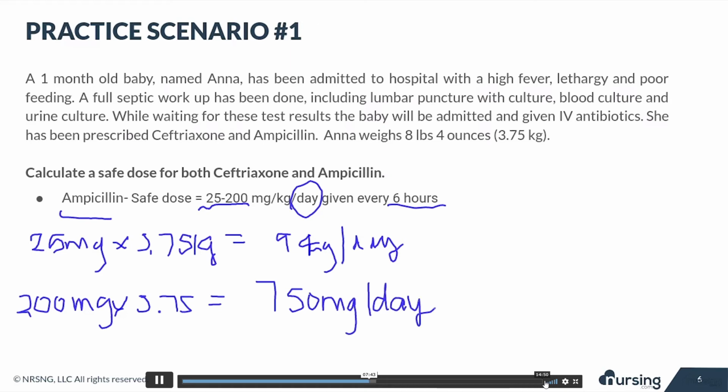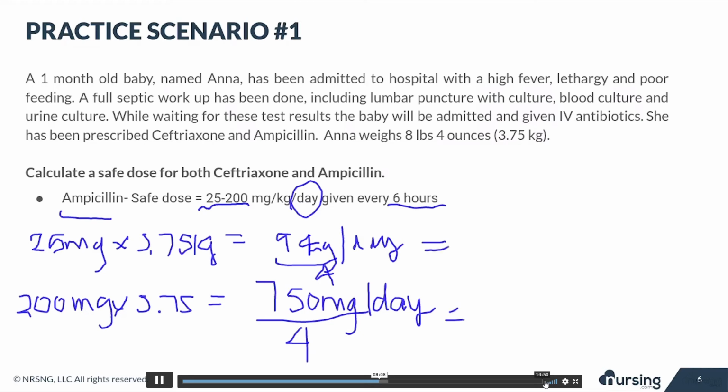Okay, so the next step here is to realize that Anna needs to get this medication every 6 hours. So she is going to have 4 doses given in a 24-hour period. To calculate this, we then need to divide these two totals by 4. So we're going to divide 94 by 4, and we're going to divide 750 by 4.